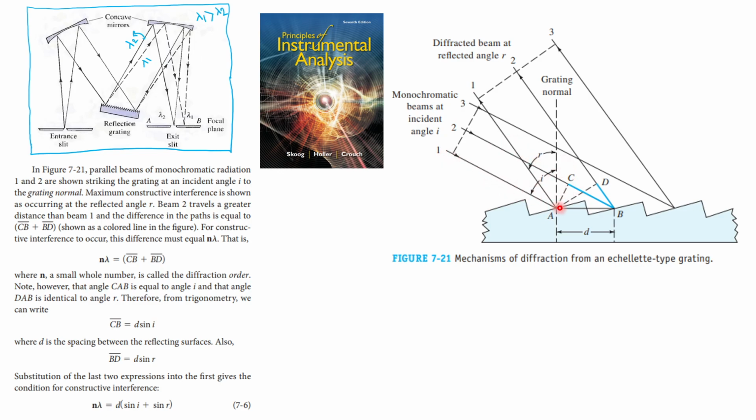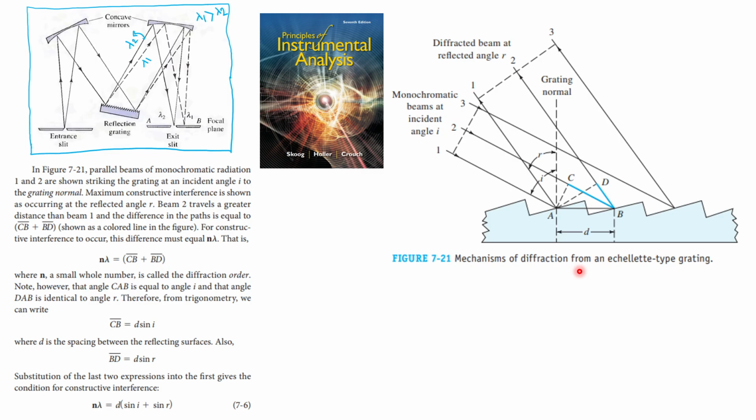The first beam comes to A and gets reflected, the second beam comes to B and is reflected, and the third falls here and is reflected. The angle of incidence is I for 1, 2, and 3, and the angle of reflection is R for 1, 2, and 3, and they are collimated again. The distance between A and B, the distance between two grooves, is given as d.